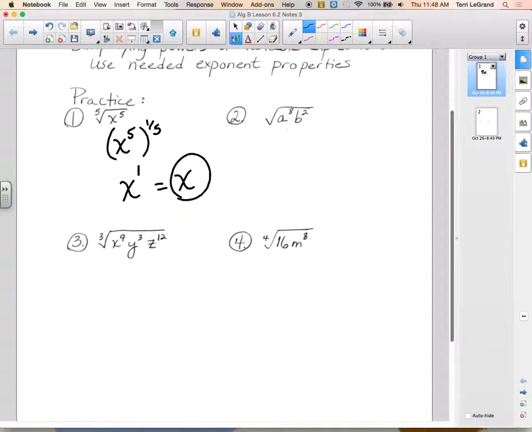Okay, why don't you go ahead and just do the first step of the next one. Write it without the radical sign. That's what we did in our first step here. We wrote it without the radical sign. See if you can do number 2 without the radical sign. That's all I want you to do.